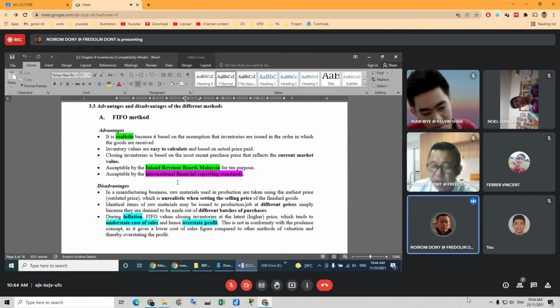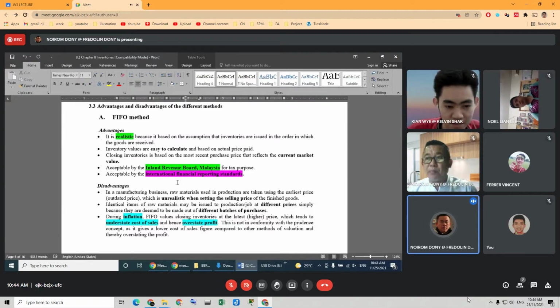Instead, we're using the cheapest price, isn't it? The price that is outdated. If the current one is a high price, we should set our selling price higher. But since we are using first in, first out, we don't take that into account. So this is unrealistic.